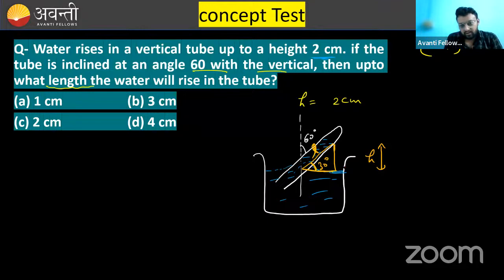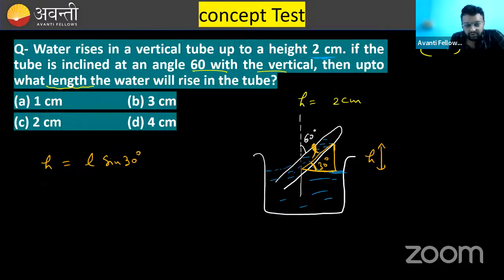So from this right angle triangle, you can see that H is equal to L sine theta. H is the perpendicular, and the perpendicular is the hypotenuse into sine theta. Theta is 30 degrees.